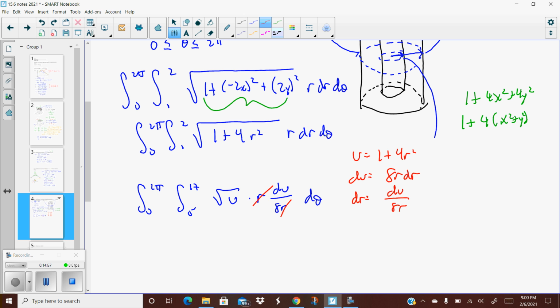I can pull the 1/8 all the way out to the front. Then I take the antiderivative of the square root of u, which is u to the 1/2, so it's u to the 3/2 times 2/3. We'll evaluate that from 5 to 17, d theta.